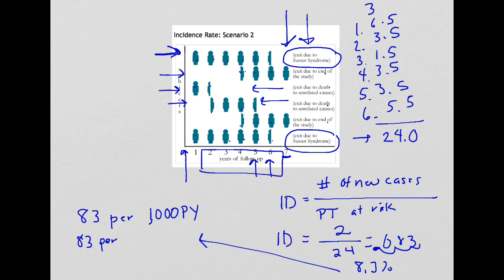That's what was throwing me, guys. So the answer, 0.83, ends us up with 8.3%, also known as 83 per 1,000 person years.